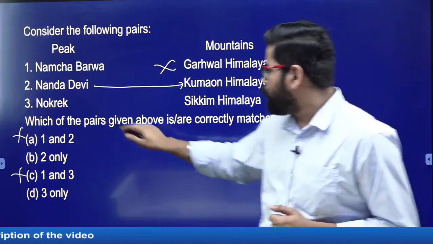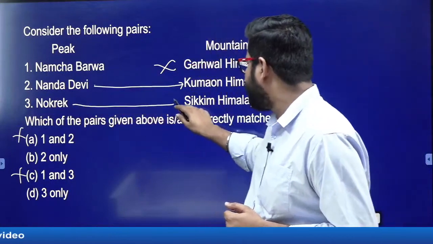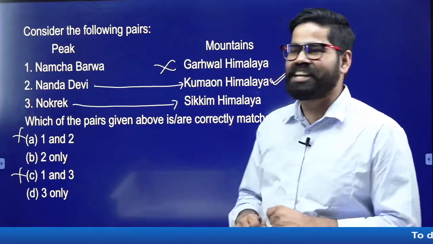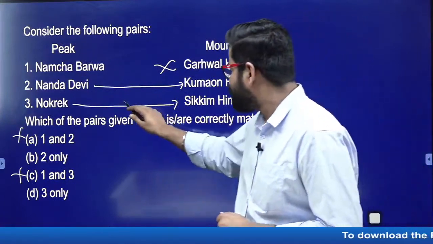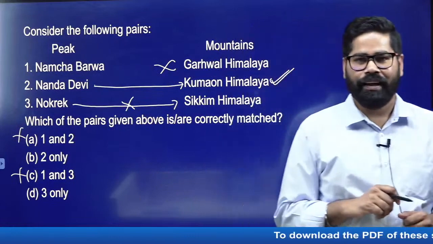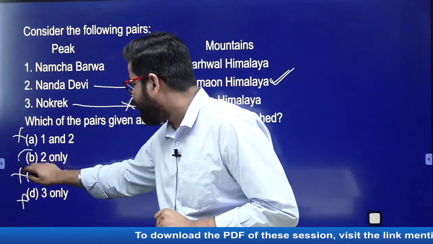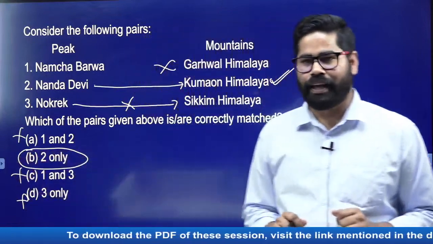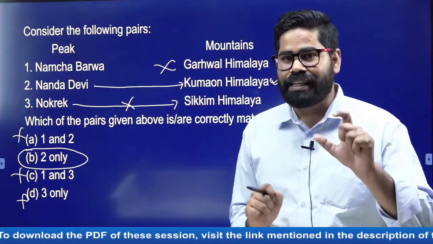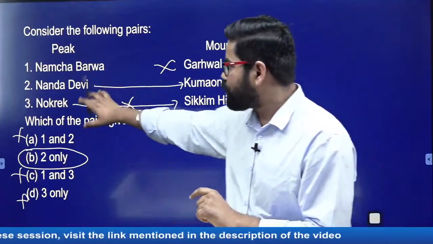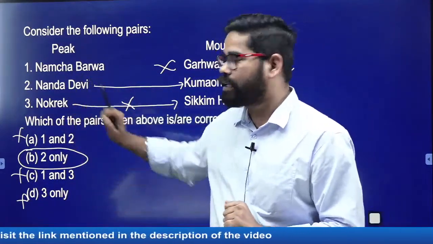Then Nokrek is not in the Sikkim Himalaya. Nokrek Biosphere Reserve is in the Meghalaya region, so this is incorrect. So we can eliminate D also, and the answer here will be B, that is 2 only. Even if you know about Namcha Baba, you could not have solved this if you didn't know about Nanda Devi or Nokrek.